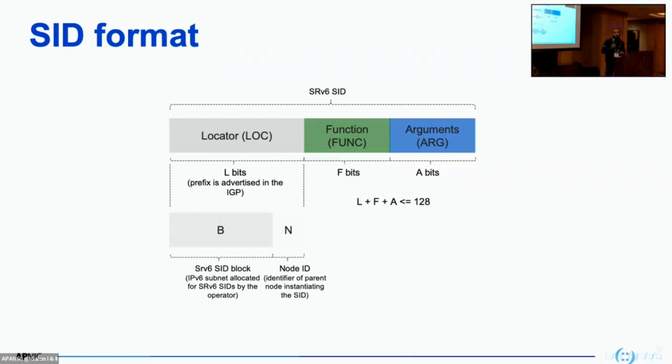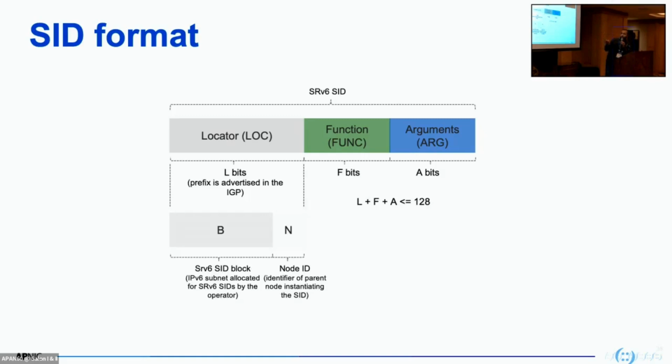Now the locator bits have two parts. One is basically the block, the segment routing block, and the other part is called the node. So you can identify where to go, or who is my target destination, inside the locator.